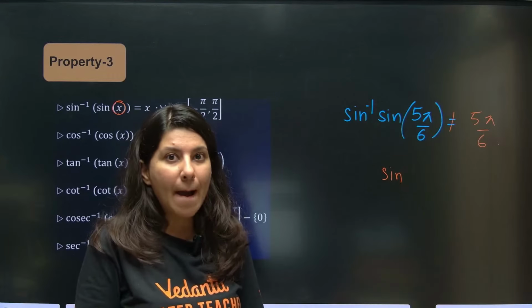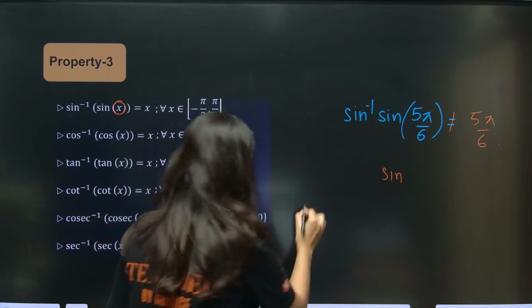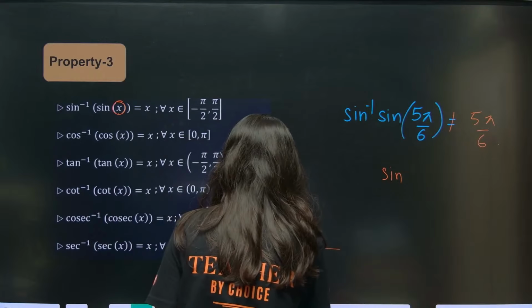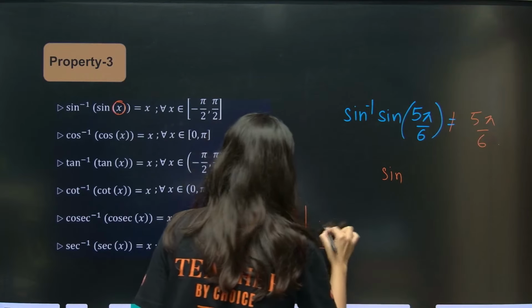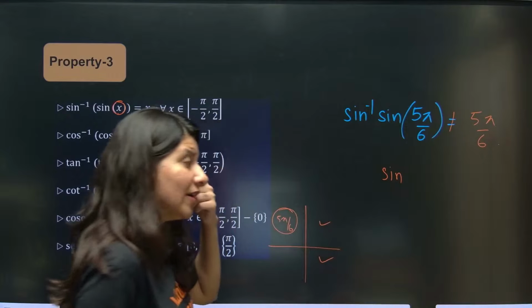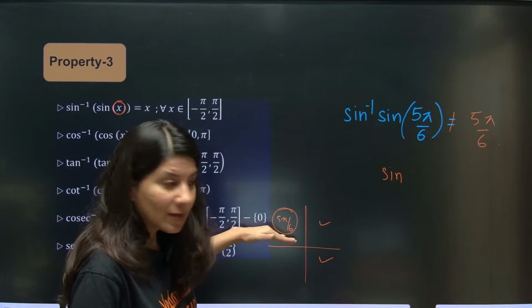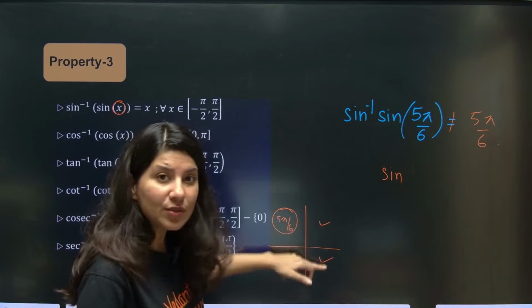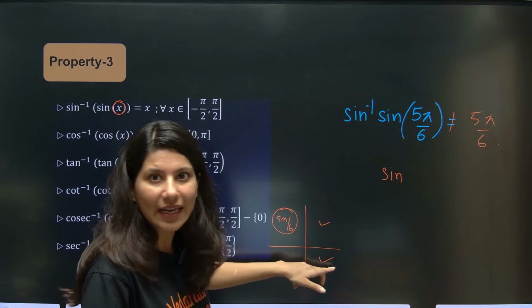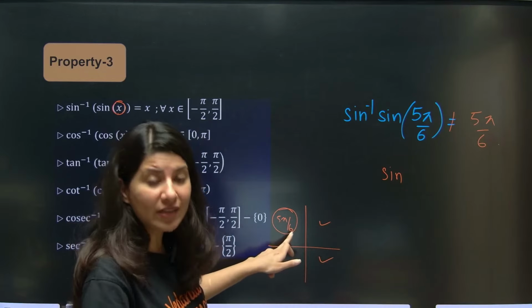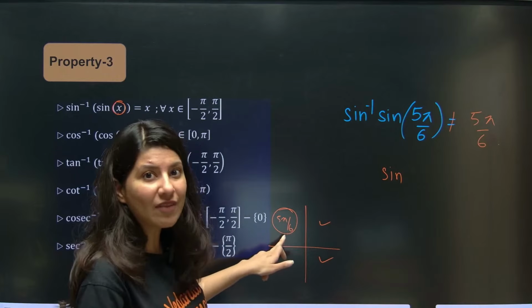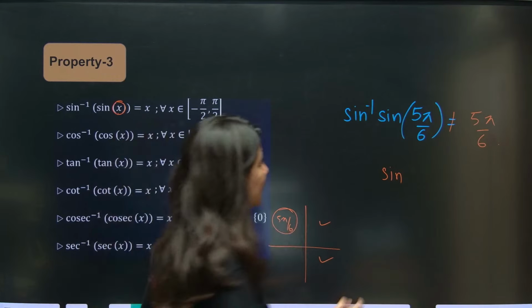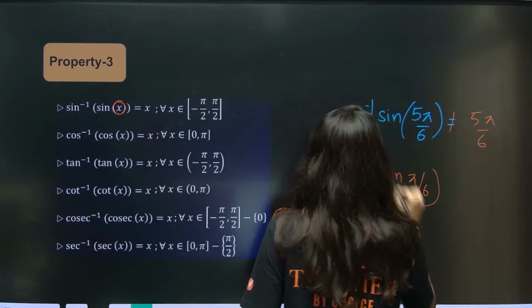So my preferred quadrants, see, this is your 5 pi by 6. Obviously, your answer should be either first or fourth. Sine is positive, so which quadrant will you select? First, you can't select fourth, na, negative. You want to select the equivalent angle which will give you the same value. So sine 5 pi by 6 will be the same as sine pi by 6.